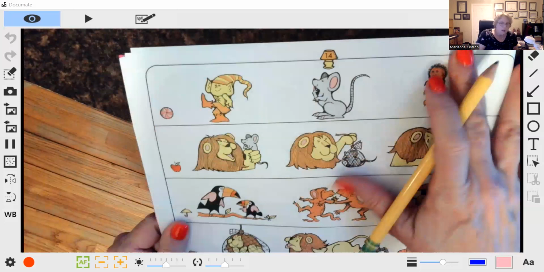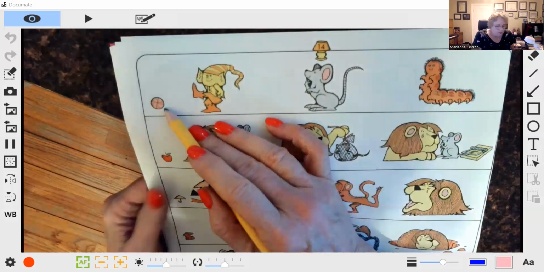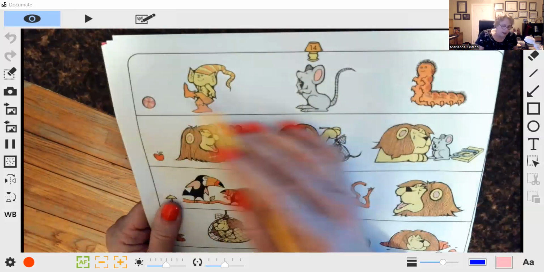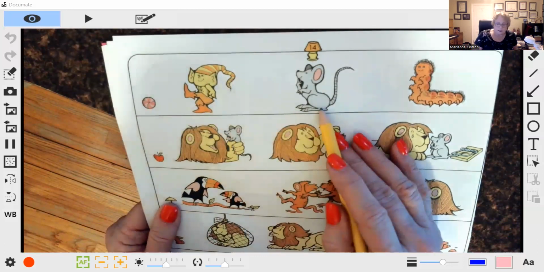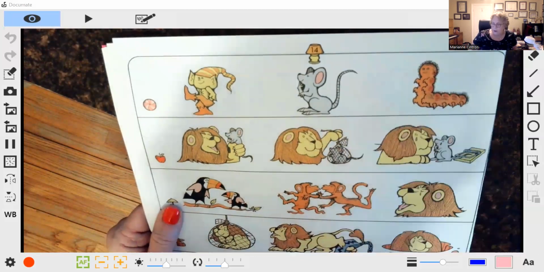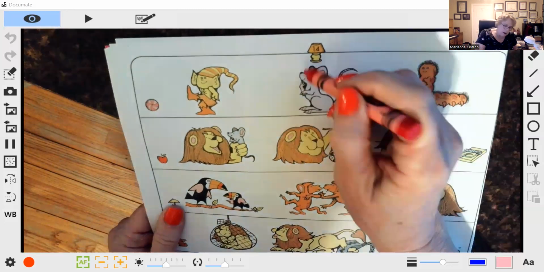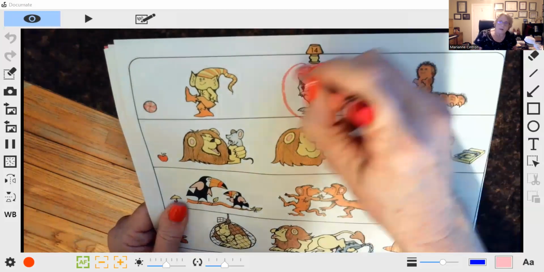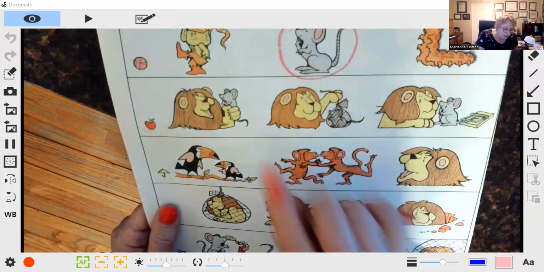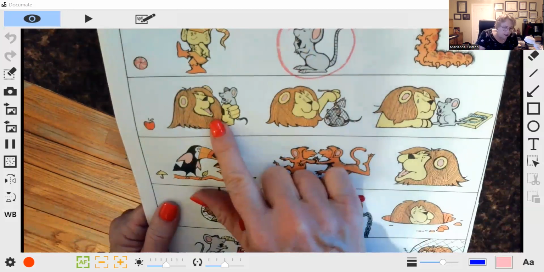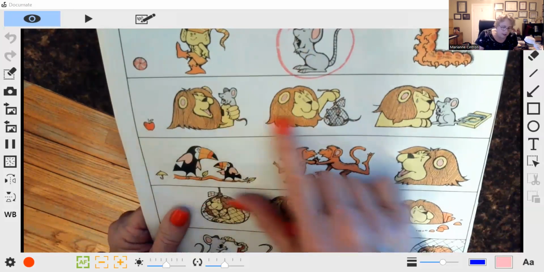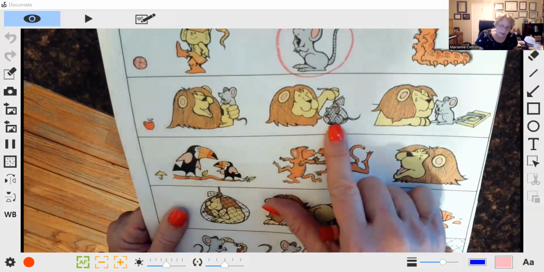So now here are the comprehension questions. In our story on this first little pinwheel, is our story about an elf, about a mouse, or about a caterpillar? It's about a mouse. Is the lion going to eat the mouse? Did the lion put the mouse in a net?